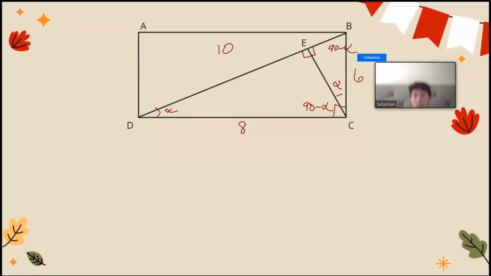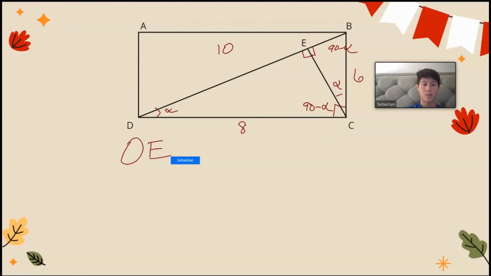And so now we can start matching up some similar triangles. So angle D has an angle of alpha, so D, we can follow this up with angle E, which has 90 degrees, and C, which has an angle of 90 minus alpha.